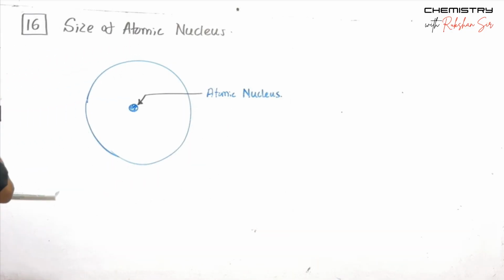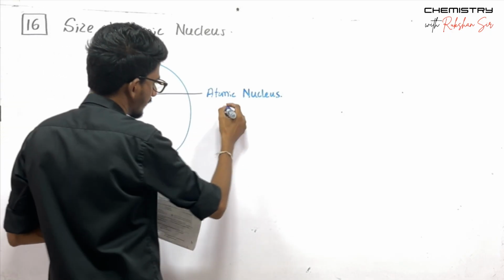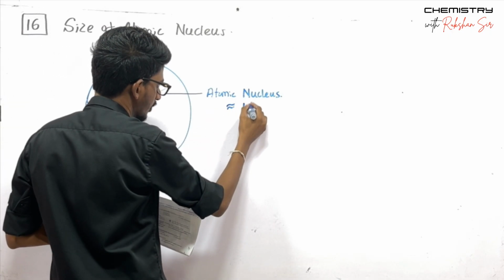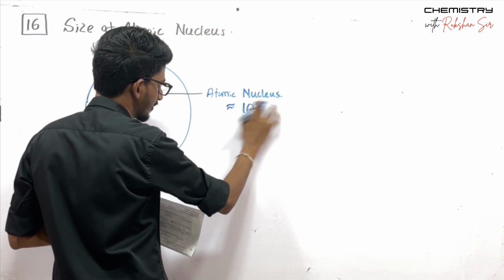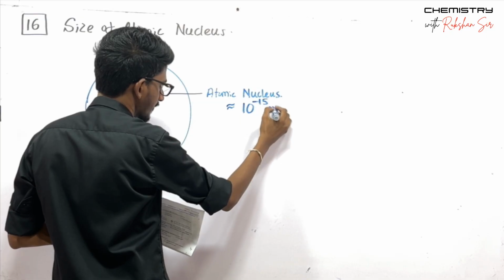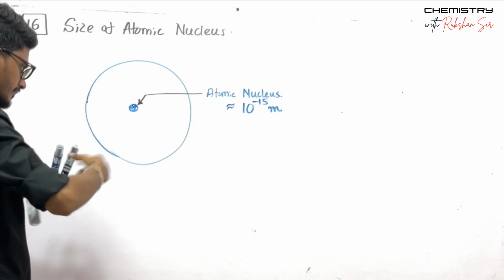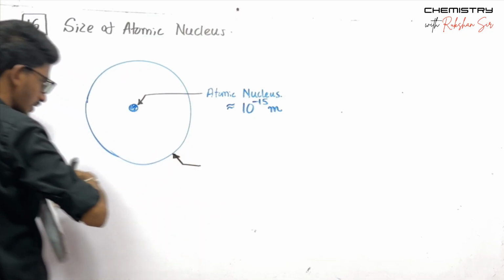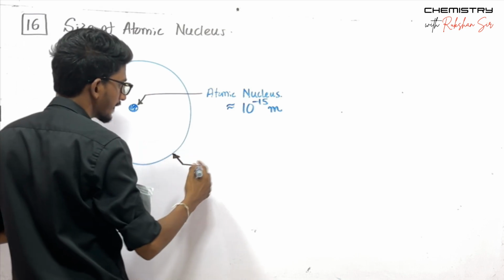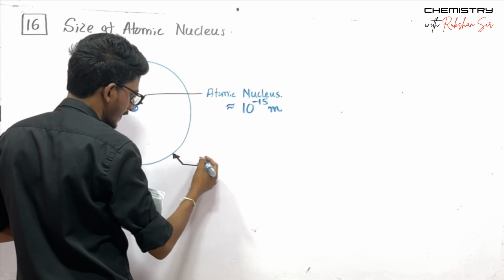So basically, the nucleus is in the order of 10 to the power minus 15 meters. So this is the atom.